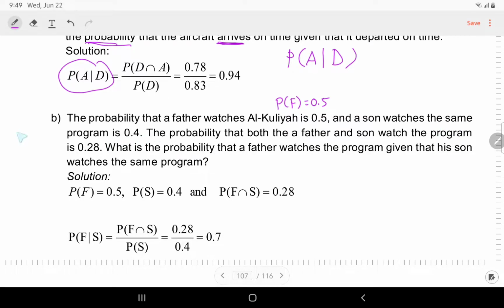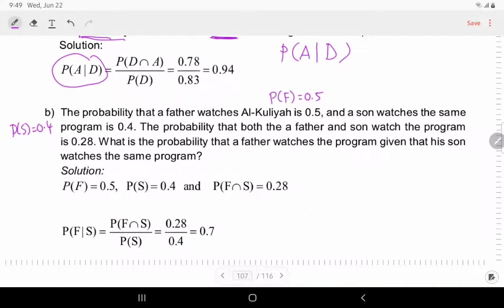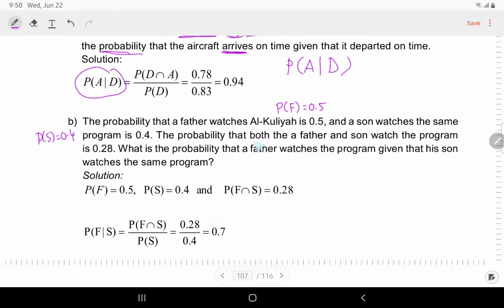Okay, son kita letak S. So our P(S) equals 0.4. The probability that both be a father and son watch the program is 0.28. So father and son maksudnya probability of father and son equals 0.28. Okay, so dia ada bagi 3 hint dekat sini.